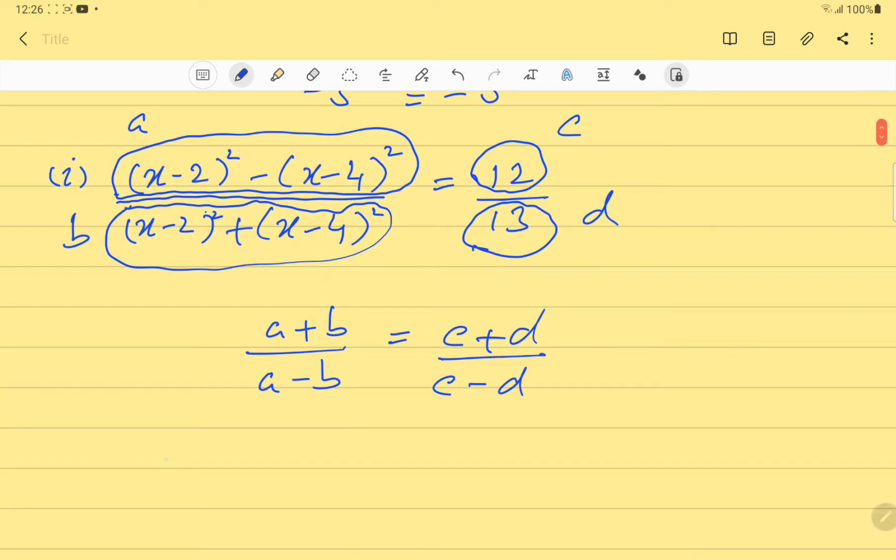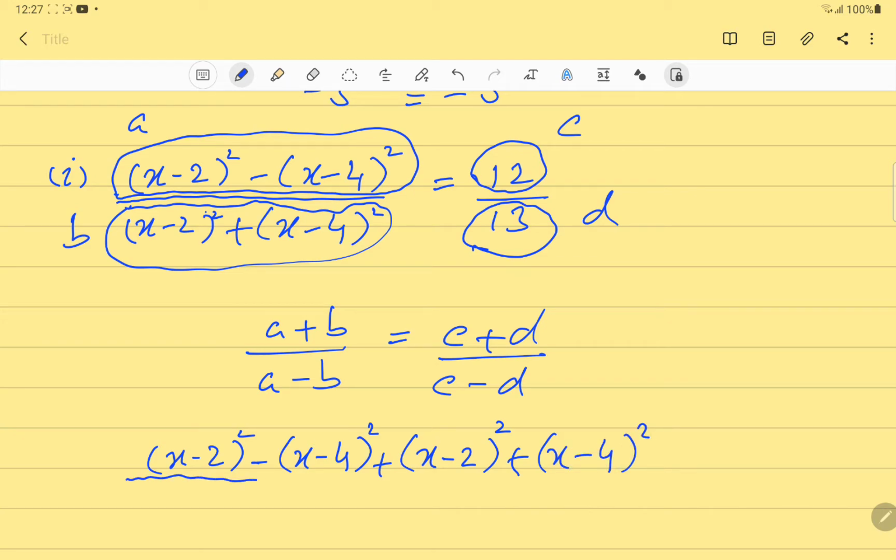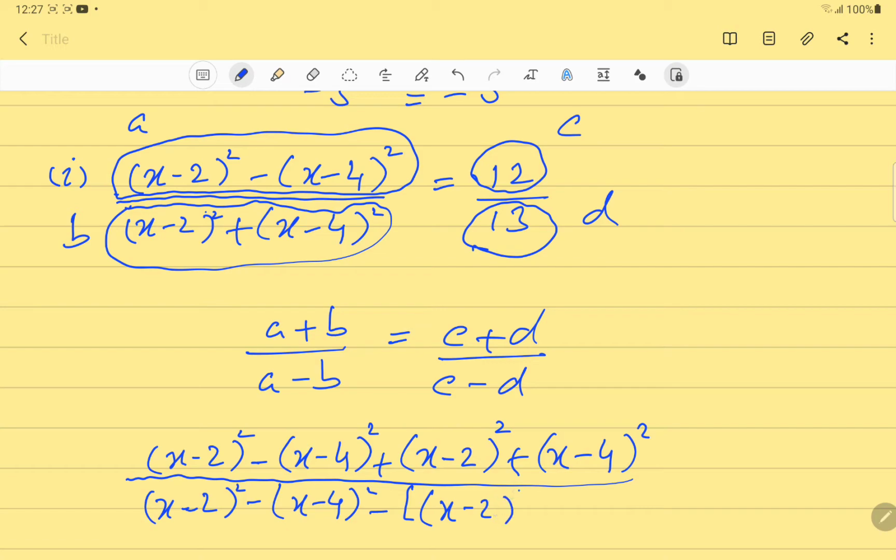Our A is (x minus 2) squared minus (x minus 4) squared and our B is (x minus 2) squared plus (x minus 4) squared, whole over (x minus 2) squared minus (x minus 4) squared minus ((x minus 2) squared plus (x minus 4) squared) is equal to (12 plus 13) over (12 minus 13).